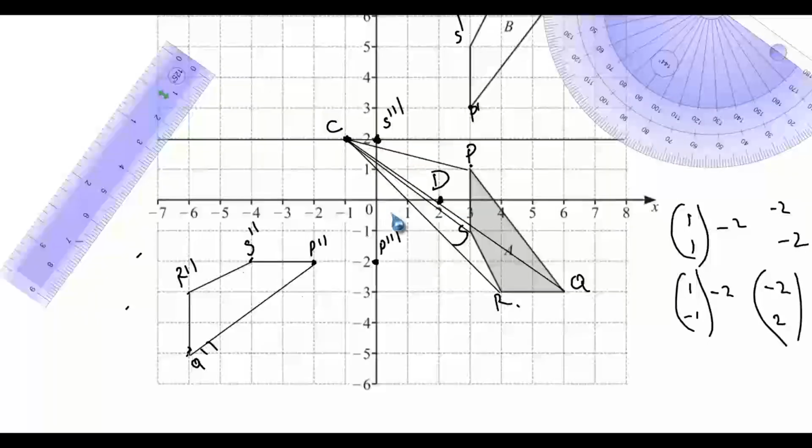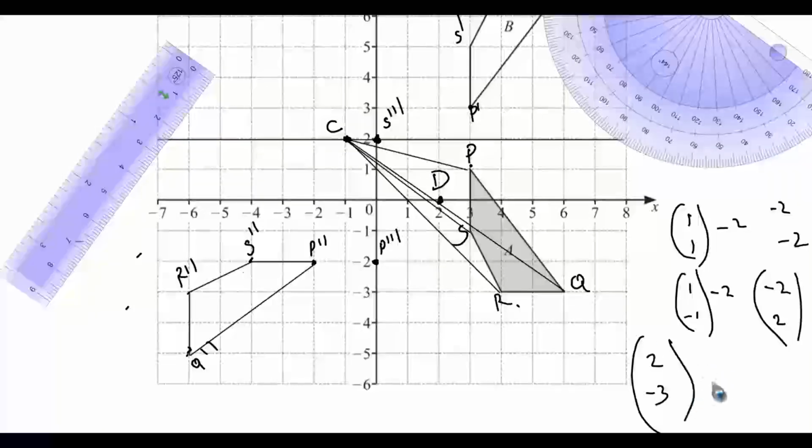So from the center of enlargement, let's count to point R to be 1, 2, 1, 2, 3. That is 2 against -3. So if you multiply by -2, it will turn to -4 and 6.